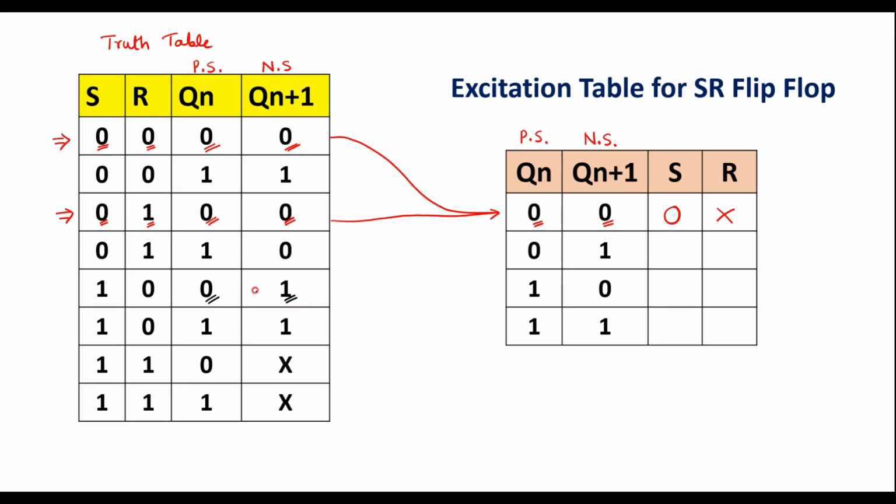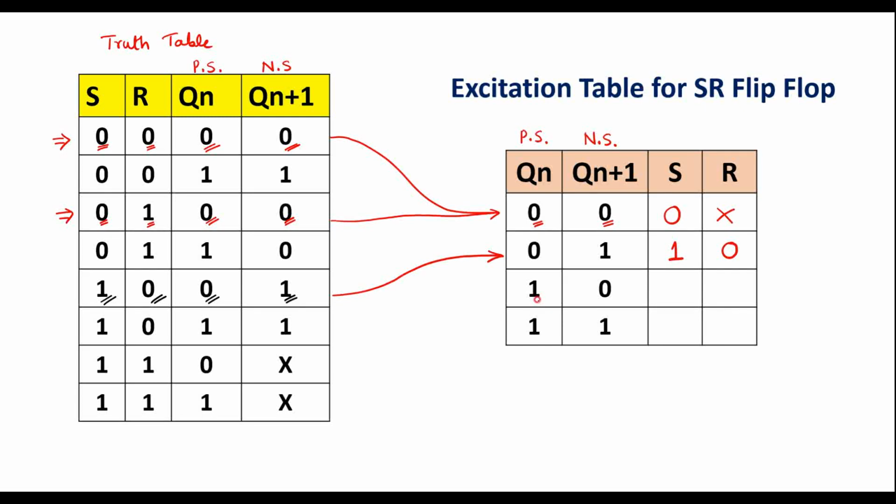Only for this row we can observe present state 0 and next state 1. The corresponding inputs here are S equal to 1 and R equal to 0. So this row is derived from this one.